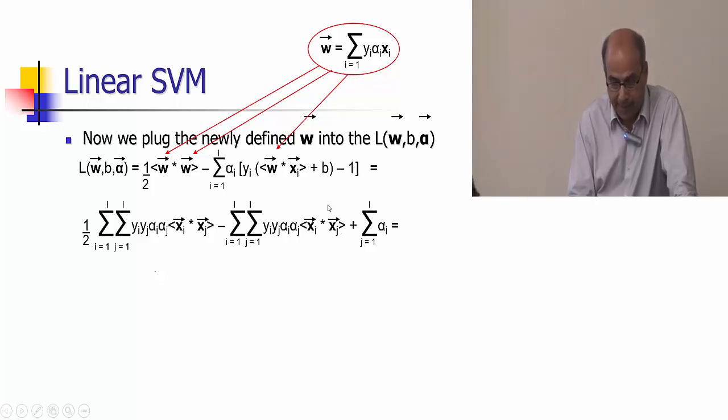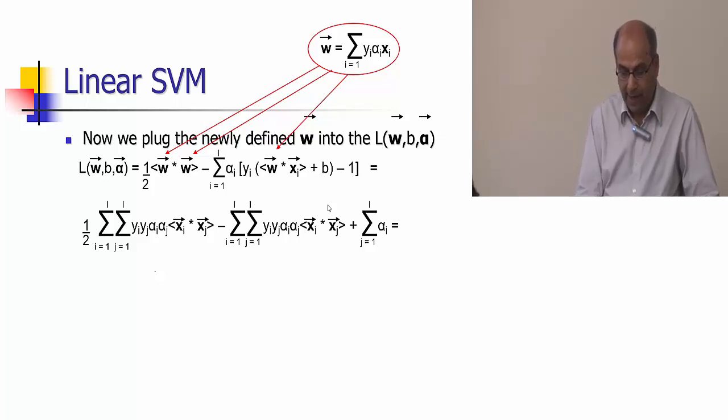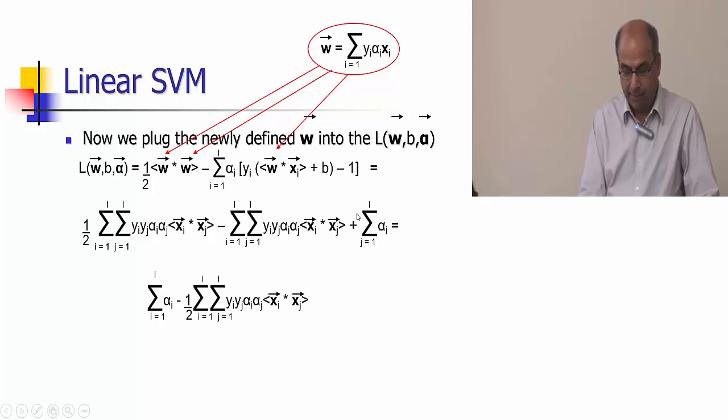And then we will have from here the plus sum of alpha i, and that will be simplified because this is a half of this whole thing and this is minus of this thing, so we will get minus half of this thing, and this is the sum of alpha i, so we can write it down like this. So that is what we got.